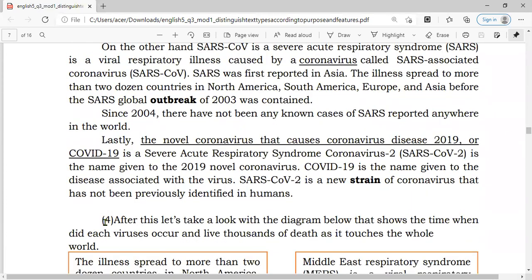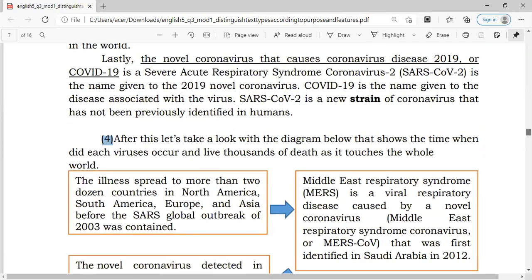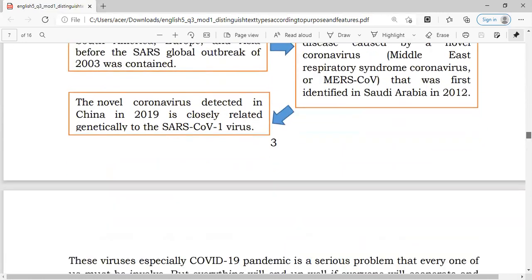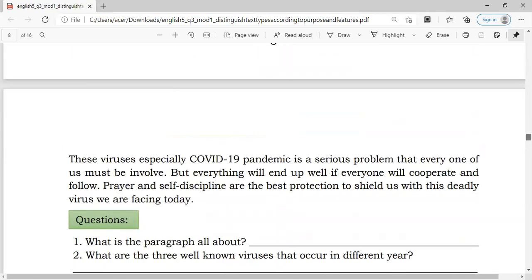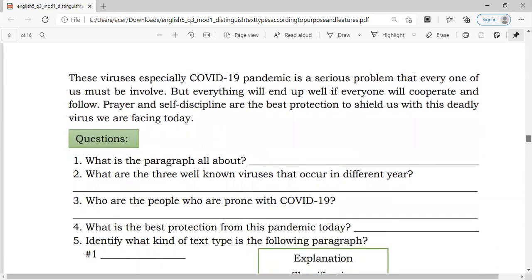Our selection is divided into four. We will examine or study each paragraph. What is the paragraph all about? What is being discussed in each paragraph?